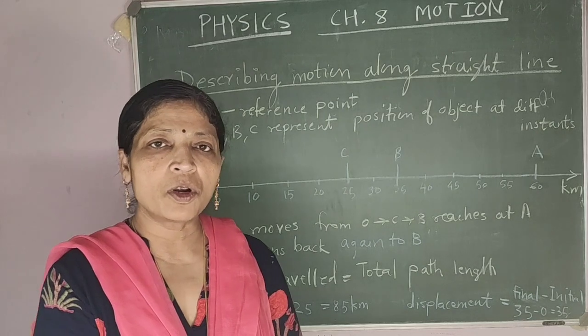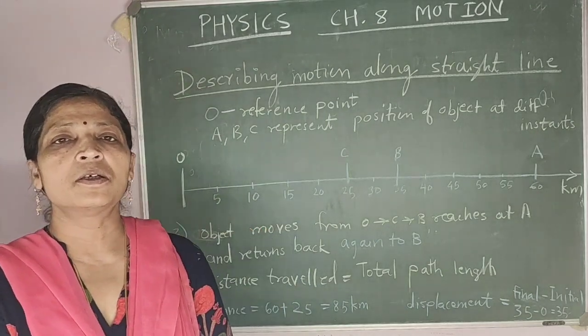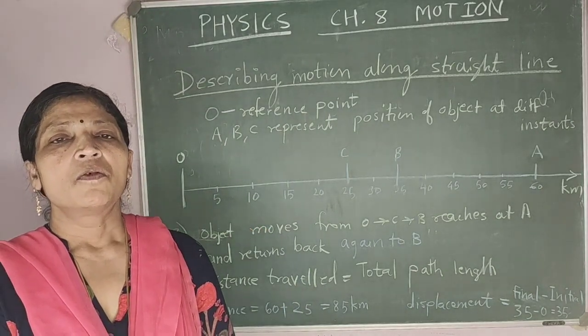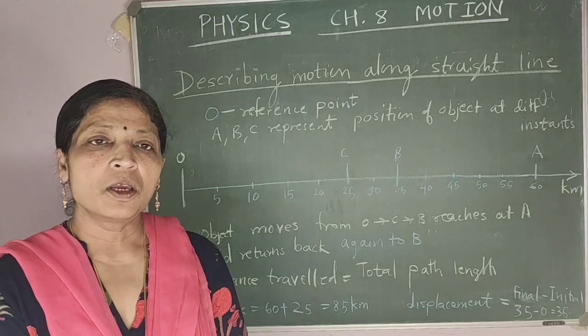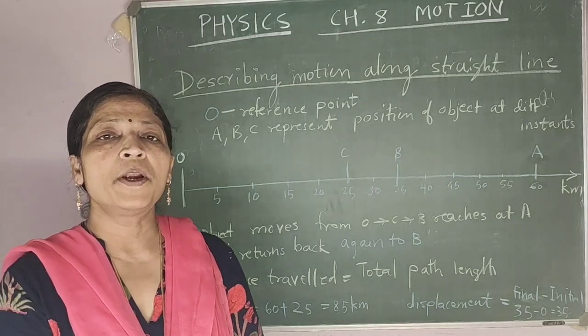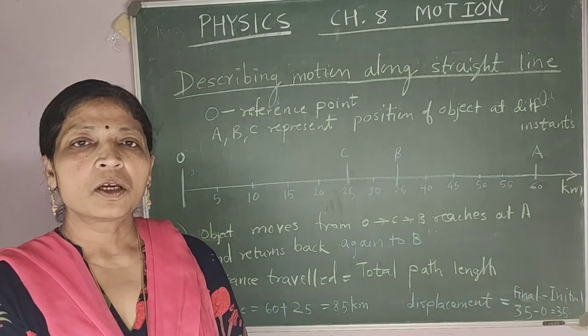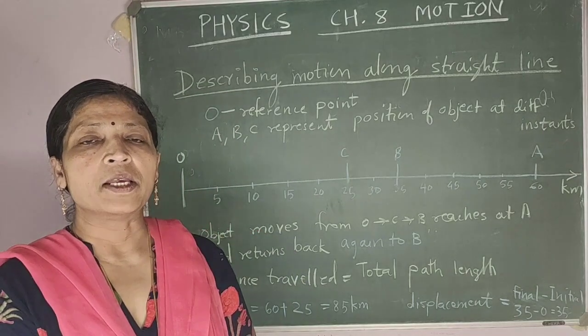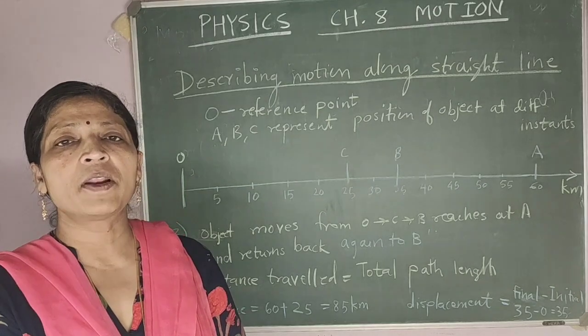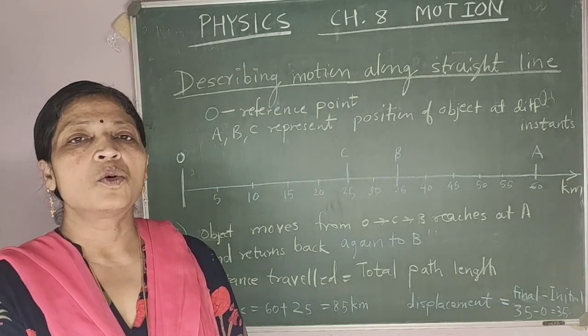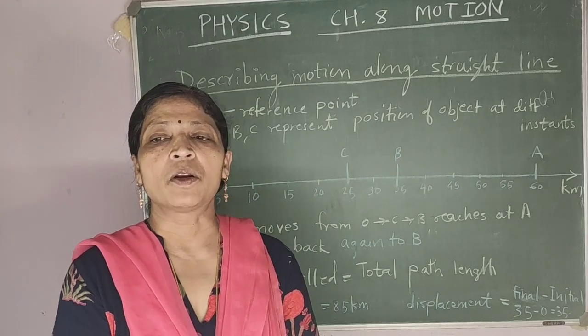Distance is a scalar quantity and displacement is a vector quantity. Why is displacement a vector quantity? Because for the complete description of displacement, we are using magnitude as well as direction.